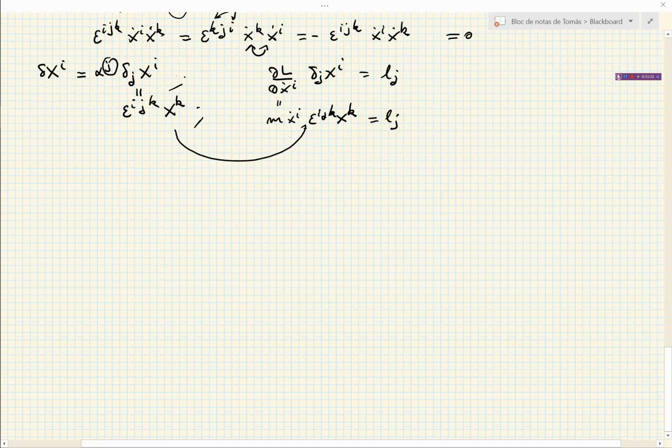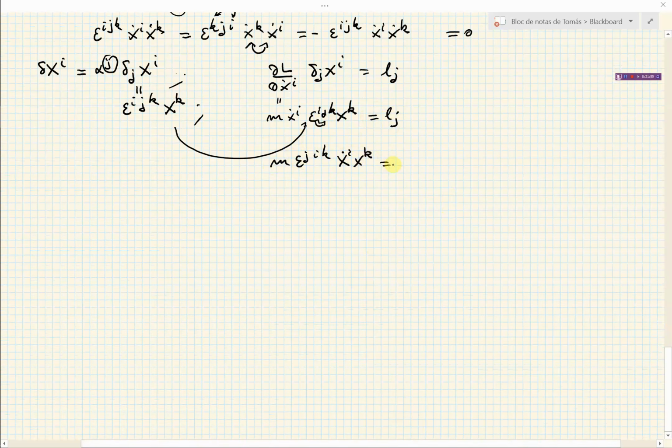So it is proportional to m. Maybe we can rewrite it with m. If I interchange these two, it's epsilon i k j x dot i x k, and then I get a minus.